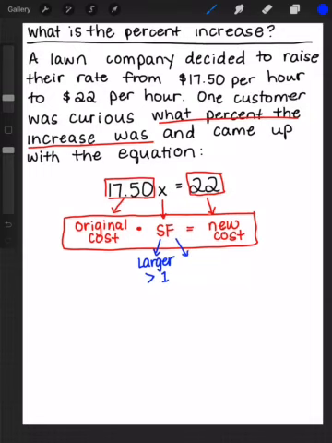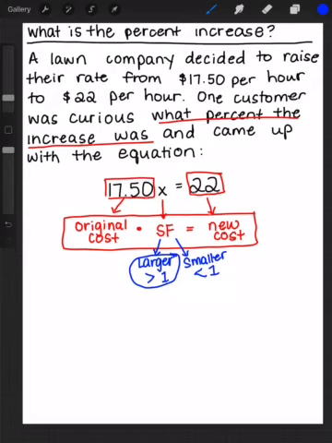If it's getting smaller, your scale factor is less than 1. So in this case, we know our scale factor has to be greater than 1, and if we came up with a number less than 1, we would know that we made a mistake.